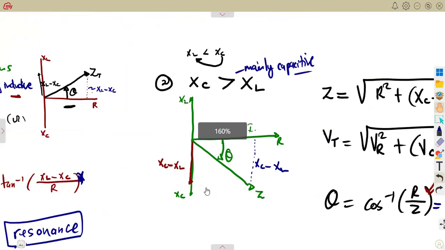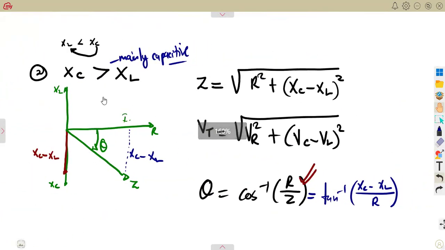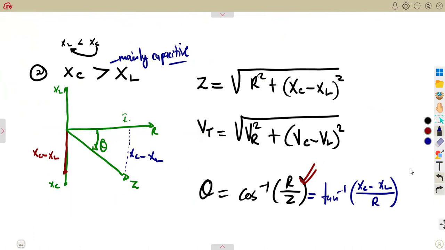Maybe you might find another circuit which needs you to apply the condition where you see XC greater than XL. You use the same approach as what we're doing, only that this time you are going to have the diagram down like that.